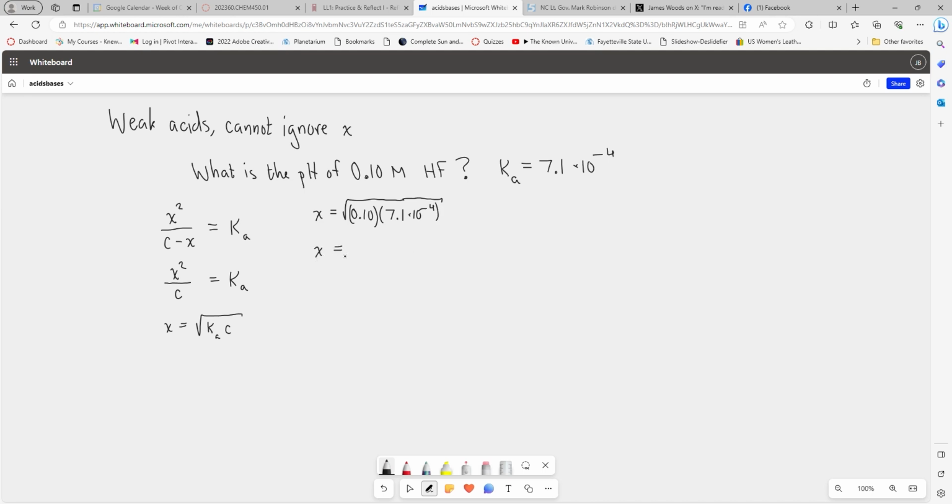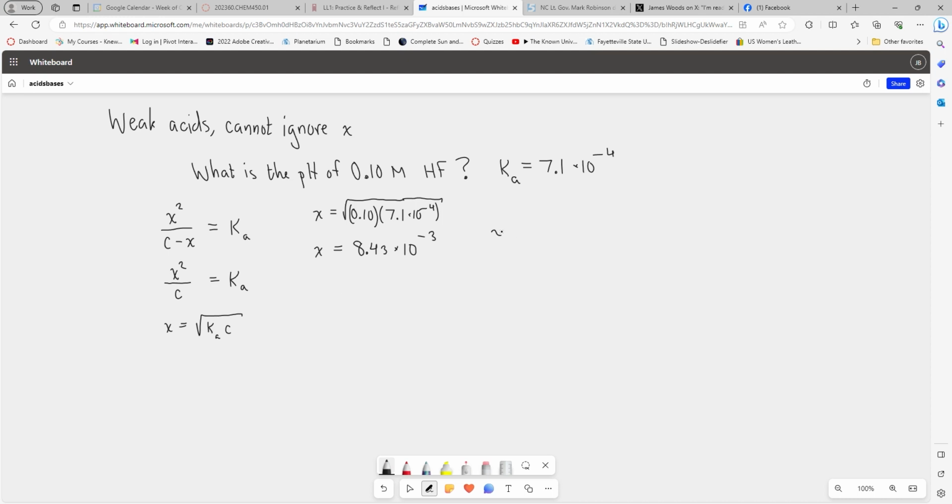So we get our calculators. X is 8.43 times 10 to the minus 3rd. And we're going to check to see if that is small enough compared to c, which is 0.1.